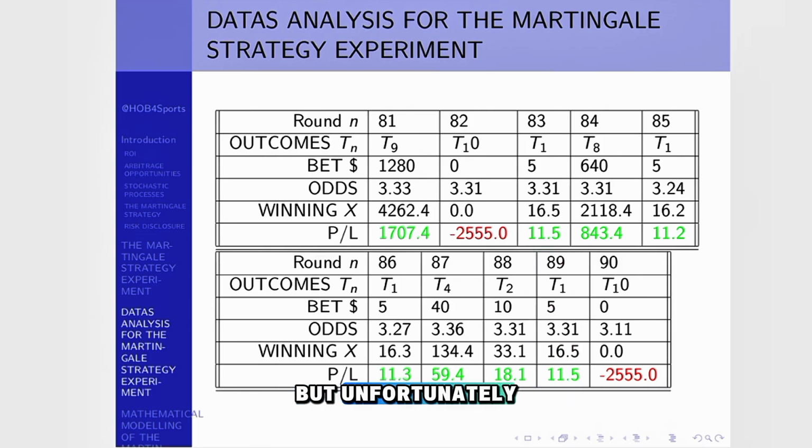But unfortunately, in round 90, T10 happened, and here there was no success observed in those 9 trials we took, and we accept a huge loss of 2,555.0 again. That was it.